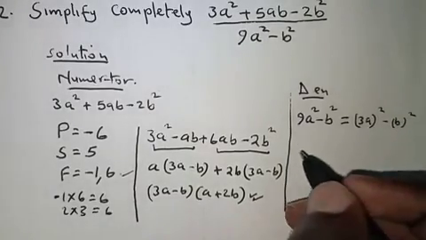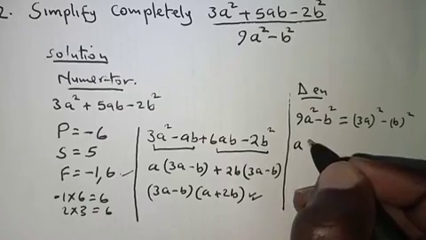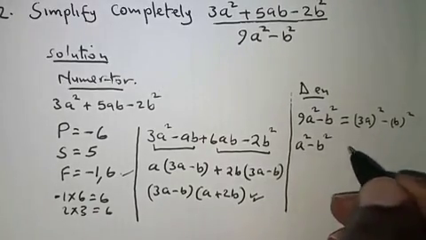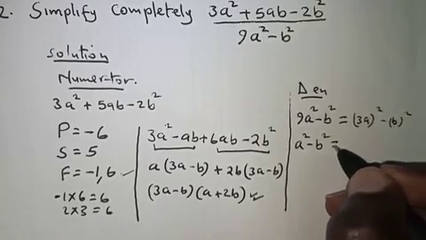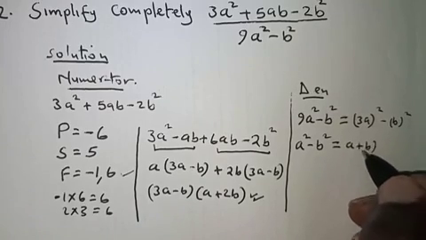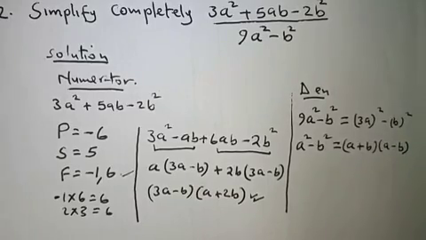We're going to apply the quadratic identity that states that if you have a squared minus b squared, which is a difference of squares, that can be rewritten as a plus b into a minus b. That is after factorizing.